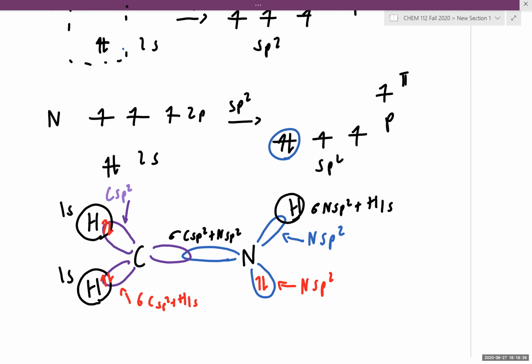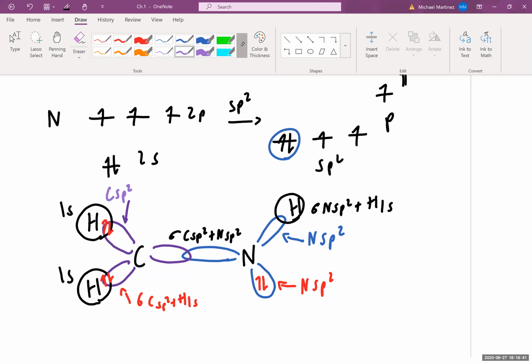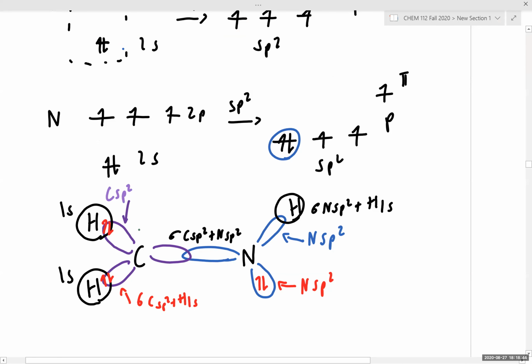To do that, I'm going to use a different color. So here's our carbon p orbital. This is our carbon 2p orbital, which has 1 electron to its name. Nitrogen also has a 2p orbital.